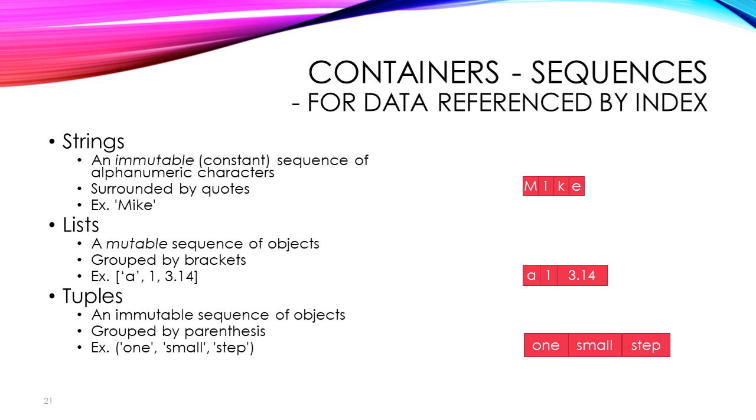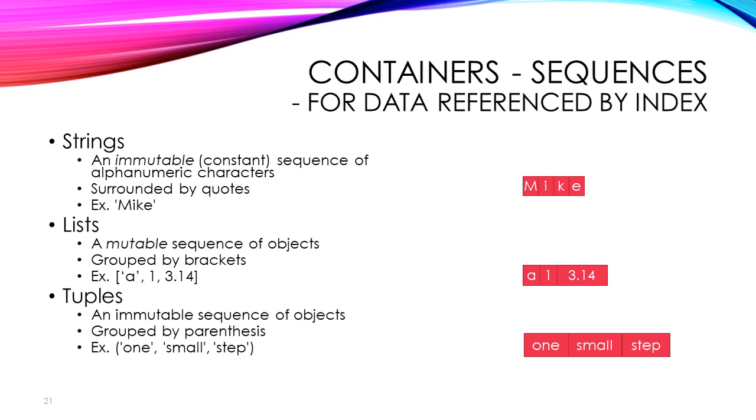The first one, most common one, is called a string. And that's basically a sequence of alphanumeric characters that are stuck together. Strings cannot be changed, so we call that immutable. But this is not as big a problem as you might think, because it's very easy to create a new string from an existing string.